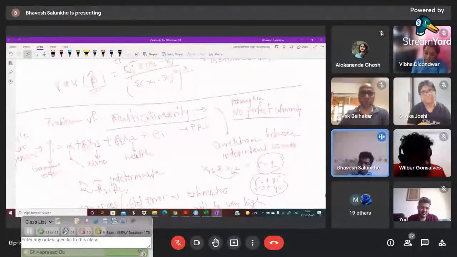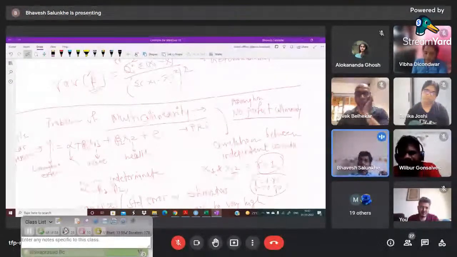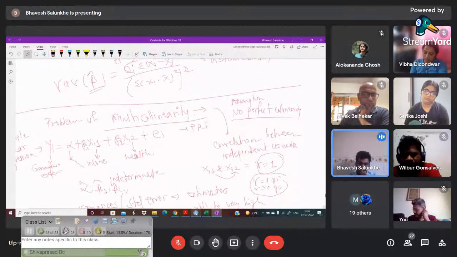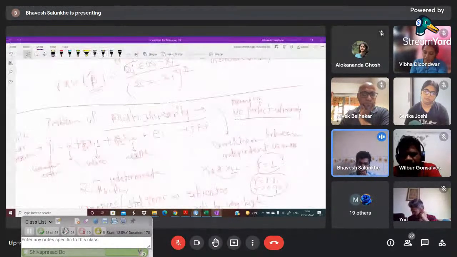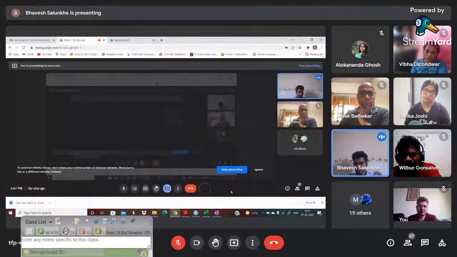And one of the assumptions, if you remember, the classical assumption, is that xi and ei should be independent of each other. The moment they are correlated, your estimator beta hat is biased as well as inconsistent, and that is a very serious problem in regression. I did not spend much time on that due to the time we consumed on other things.